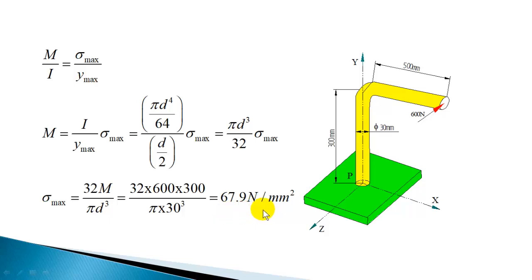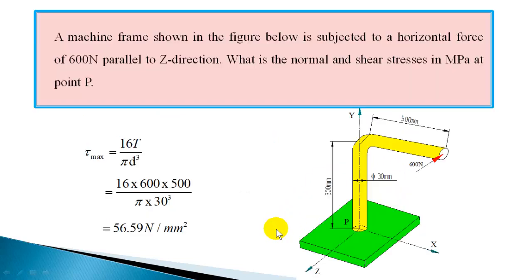So this is the normal stress or bending stress induced at point P. So at point P, there are two stresses. One is the normal stress of 67.9 Newton per mm square, and another is a shear stress of magnitude 56.59 Newton per mm square.